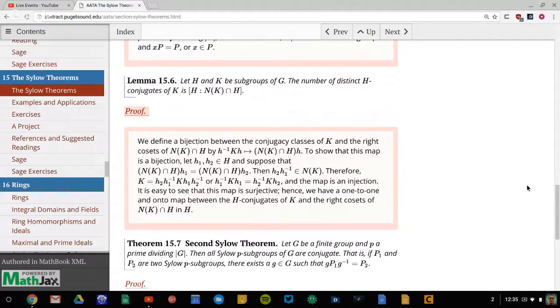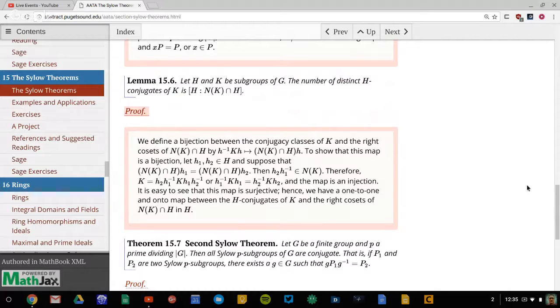First of all, it's easy to see that it's surjective, that it's onto, because we're talking about the conjugates of K by elements of H. The choice for this little h is any element from the subgroup H. So therefore, we can definitely obtain as an image any right coset of this subgroup in H. So there's nothing to prove really. It's clearly surjective. The only thing then is to prove that it's injective.